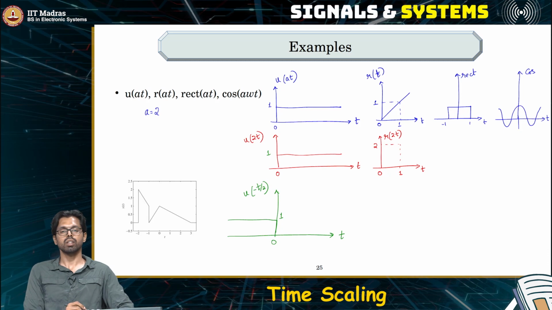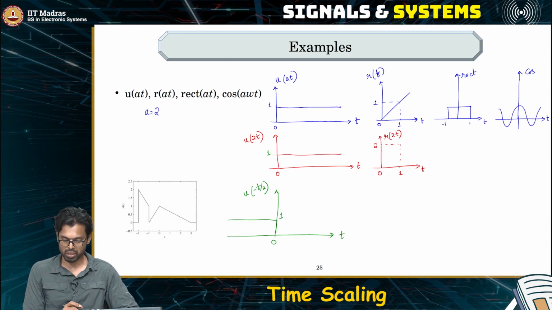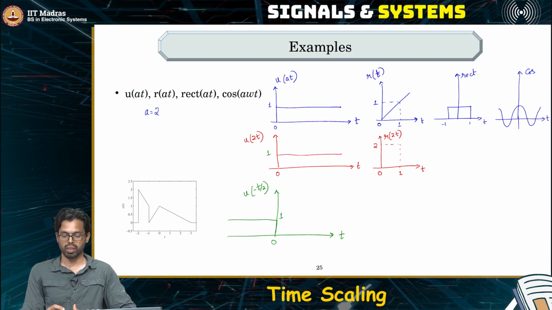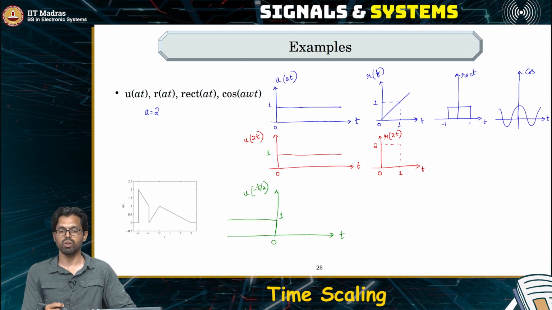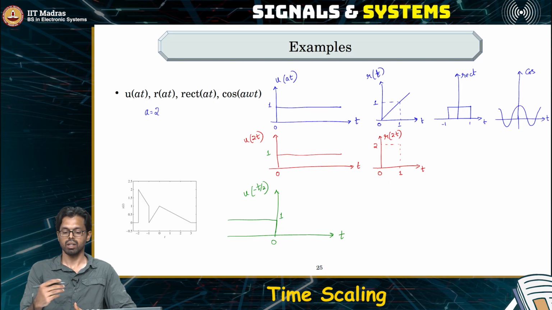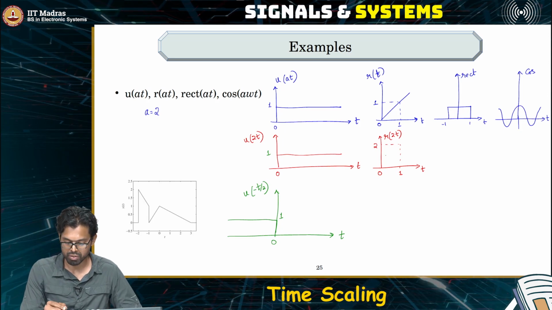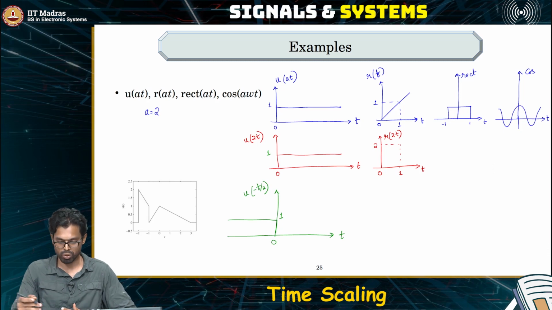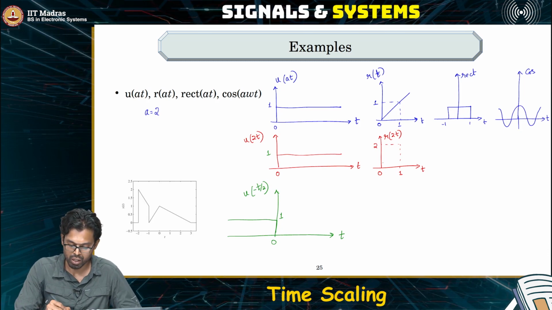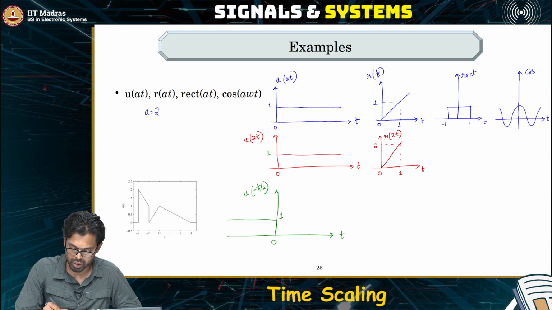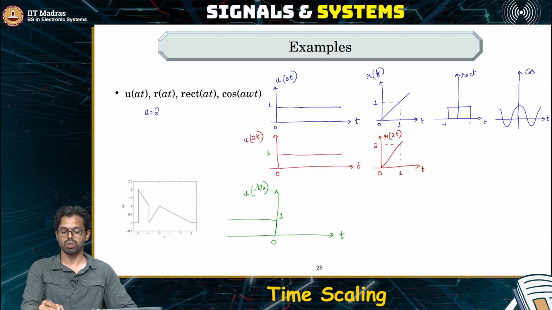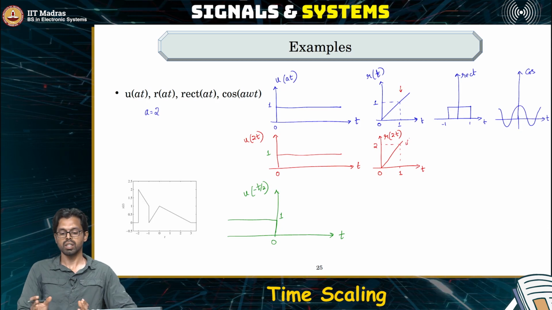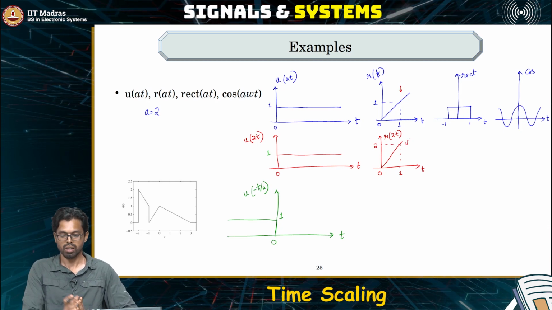Remember, at the origin it still remains the same. So 0 gets mapped to 0, but now 1 gets mapped to 2. For every value of t, you get multiplied with 2. So half gets mapped to 1, 1 gets mapped to 2, 2 gets mapped to 4, 3 gets mapped to 6, and so on. So the slope basically now increases. In this case the slope was 1, and in this case the slope is 2. So the signal now gets compressed, as you can see here.